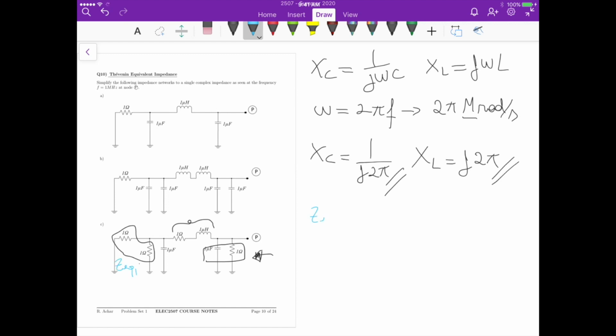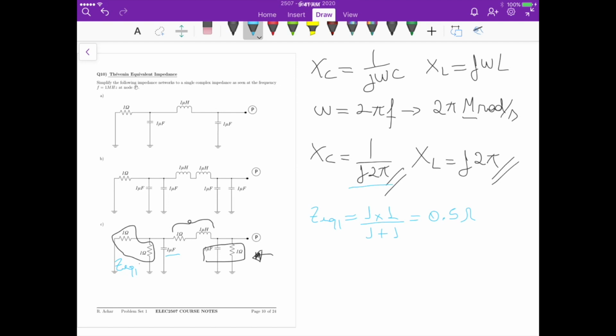It is the parallel between 1 ohm and 1 ohm, right? Which is the same as 1 times 1 divided by 1 plus 1. That's equal to 0.5 ohms. Now this ZEQ1 is in parallel with XC, this 1 microfarad, which corresponds to this 1 over j 2 pi.